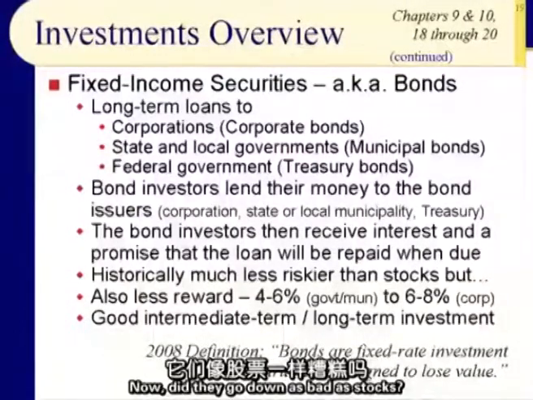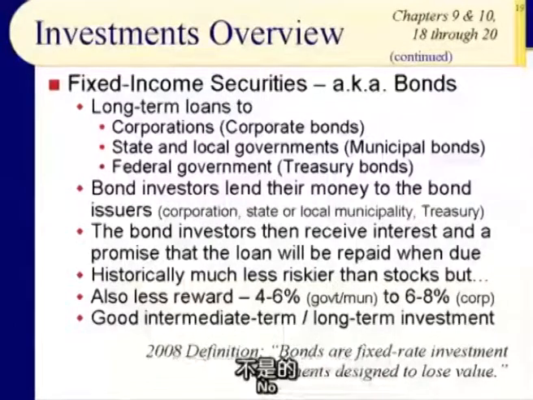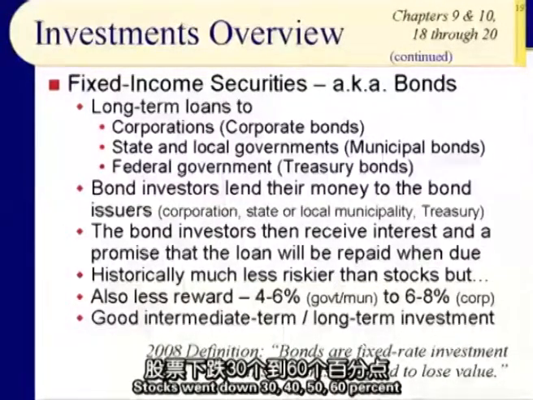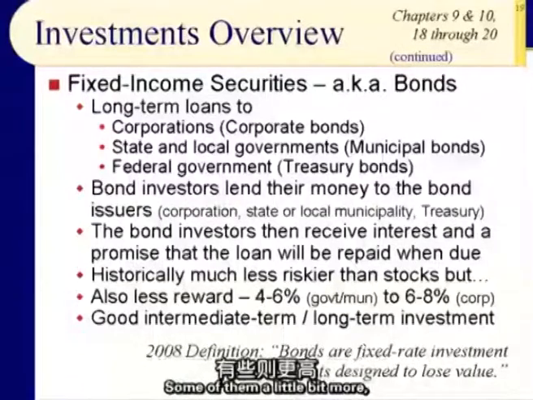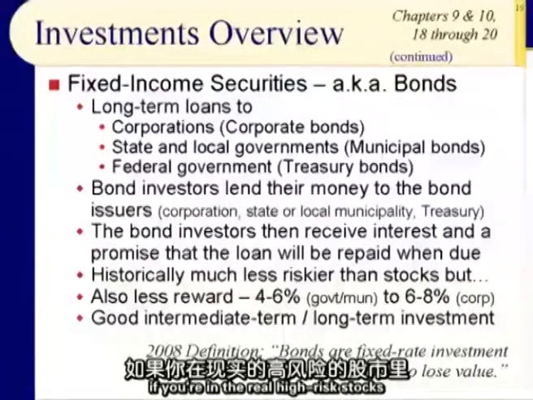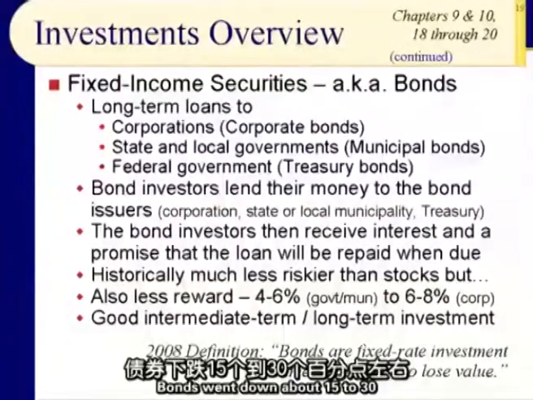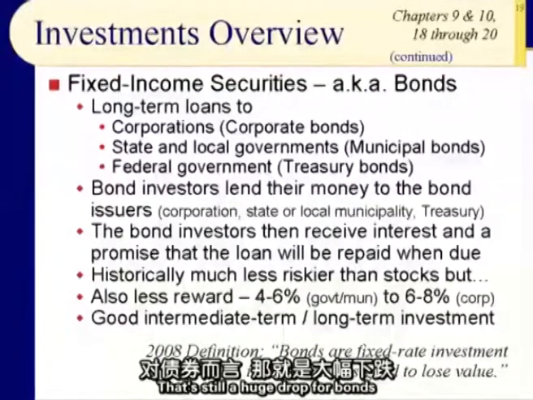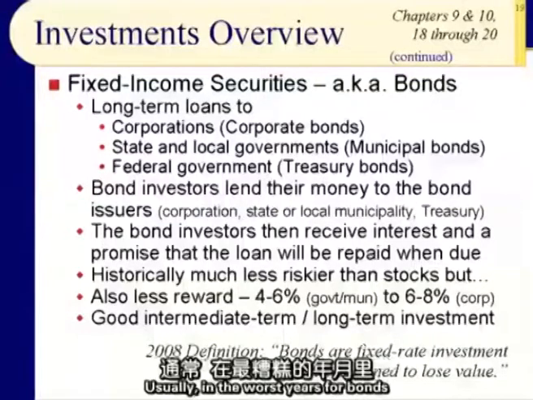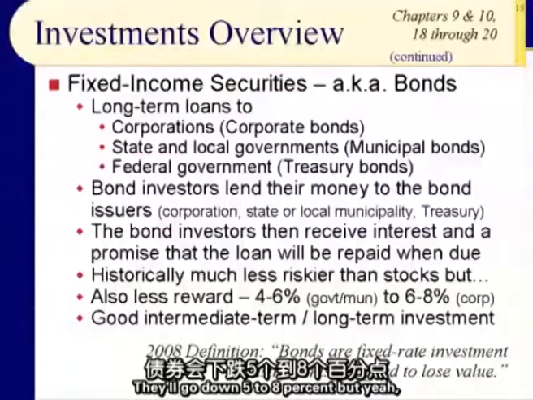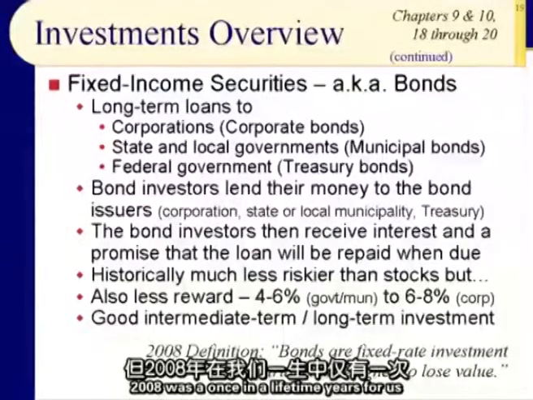Now, did they go down as badly as stocks? No. Stocks went down 30, 40, 50, 60%, some a little bit more if you were in the real high-risk stocks. Bonds went down about 15 to 30. That's still a huge drop for bonds. Usually in the worst years for bonds, they'll go down 5 to 8%. But yeah, 2008 was a once in a lifetime year for us.